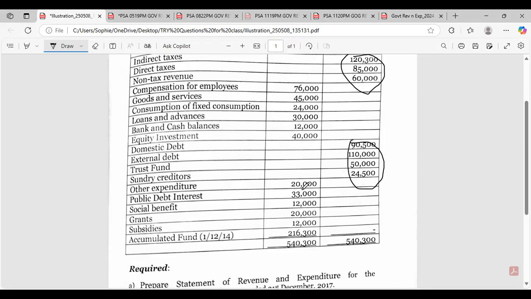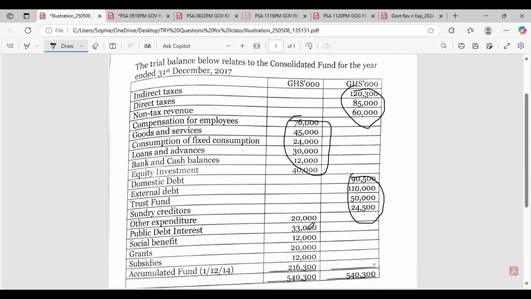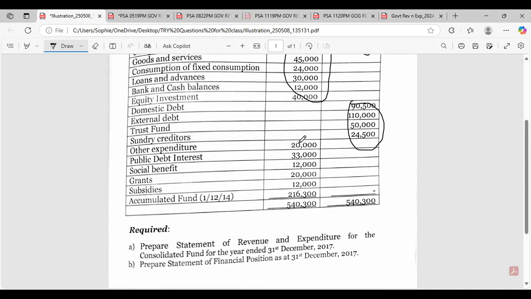Then we also know that all expenses and assets, and then losses, have debit balances. So income, gains, and profits have credit balances. Expenses, assets, and losses have debit balances. So if we check this, look at this accumulated fund. This is like income surplus from the previous year.